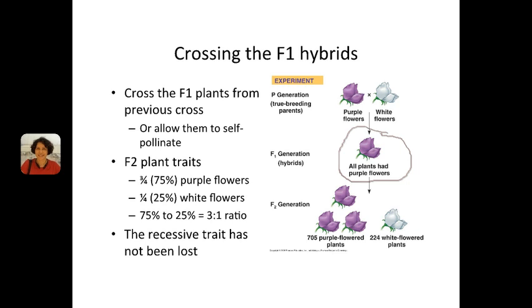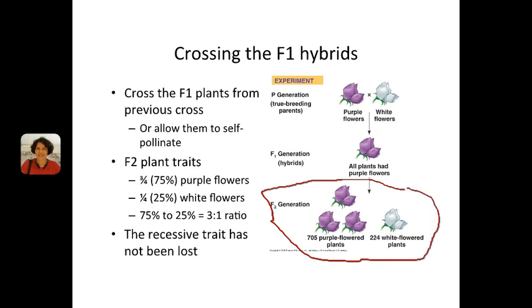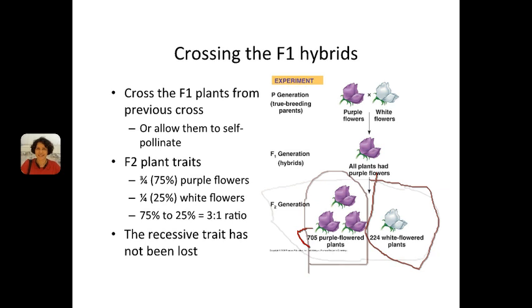Then he would find that in the F2 generation, the second generation, 3/4 of the plants had purple flowers and 1/4 had white flowers. And what we see here on the picture, they're even giving us the actual data that he obtained. He counted 705 purple flowered plants and 224 white flowered plants.